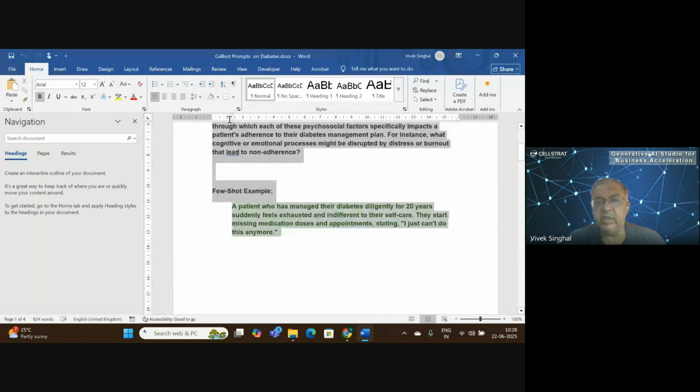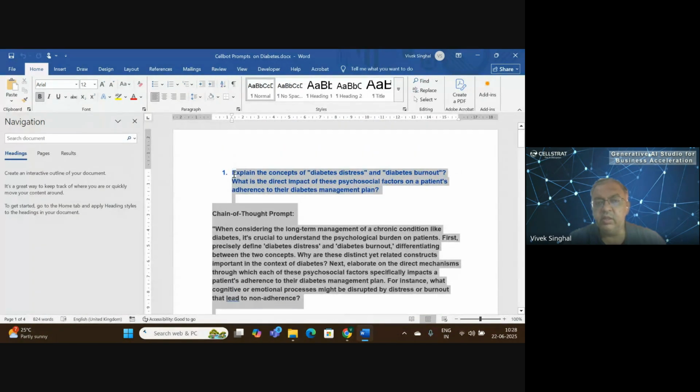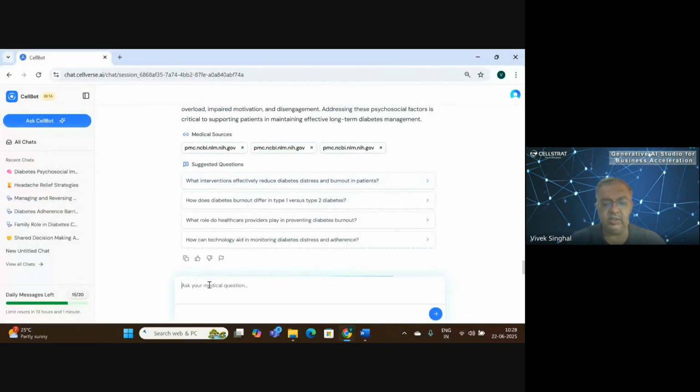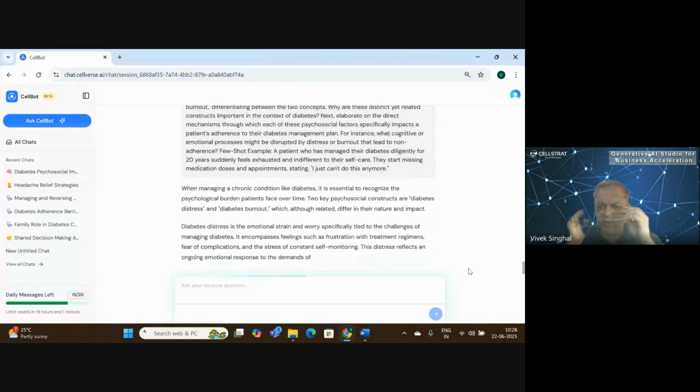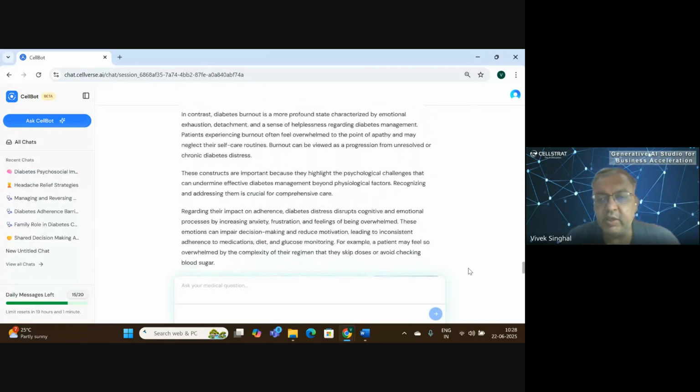Let me make this a more comprehensive prompt by adding an example and see if the answer changes in some ways. As I said, not always the answer will be changed, but sometimes the answer changes or becomes more interesting in much better ways.